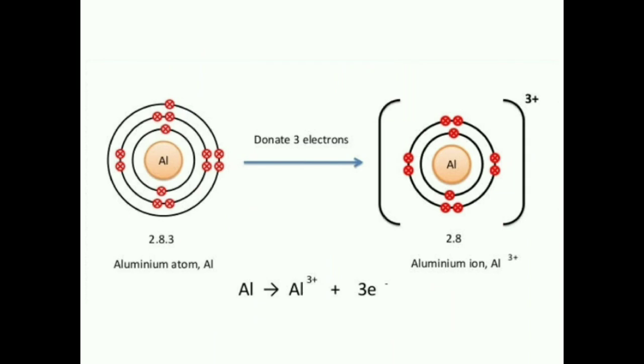Similarly, we have the aluminum atom. Aluminum has three electrons in its outermost shell. Aluminum can donate three electrons, so it forms Al3+. So an atom can lose one electron, two electrons, three electrons, or it can gain one electron, two electrons, or three electrons, depending upon the valency.